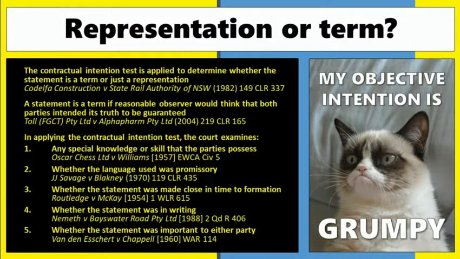Finally, a really important component is whether a particular statement is going to be important. In Van den Esschert and Chapple, a Western Australian case, a person intending to purchase a residential property asked the real estate agent, are there any termites? And the real estate agent said, no, I don't think so. Well, something to that effect.